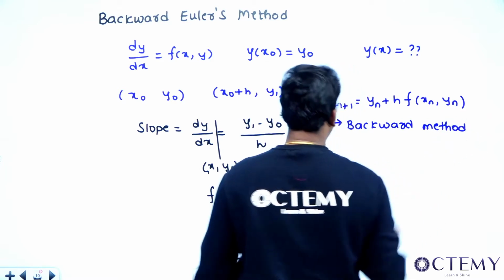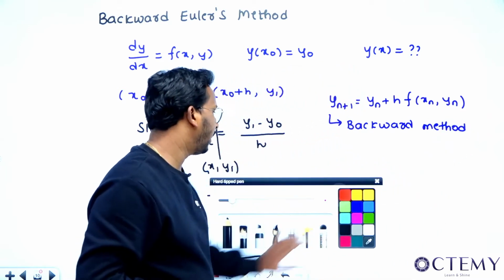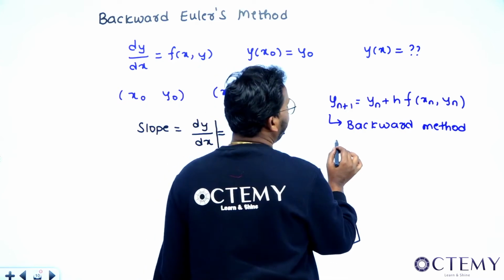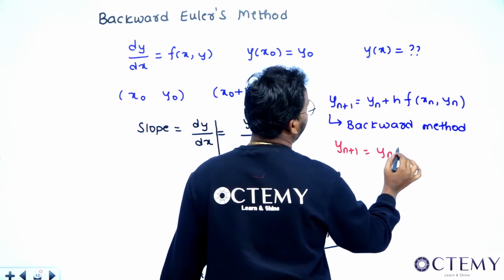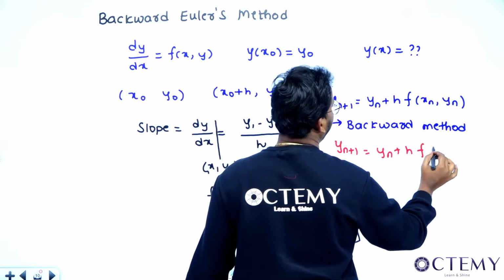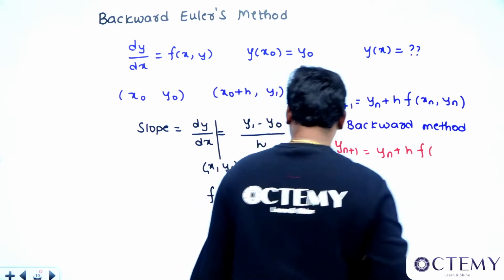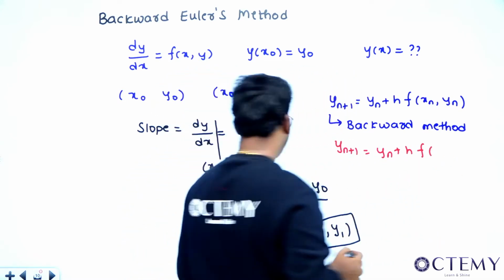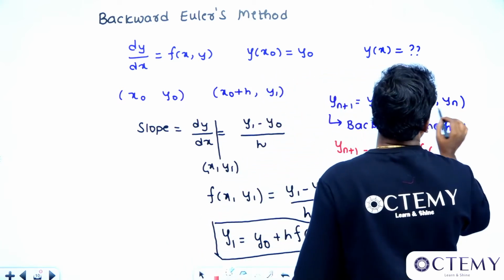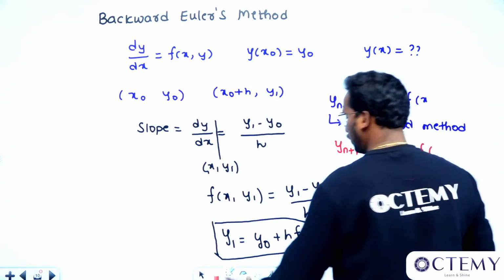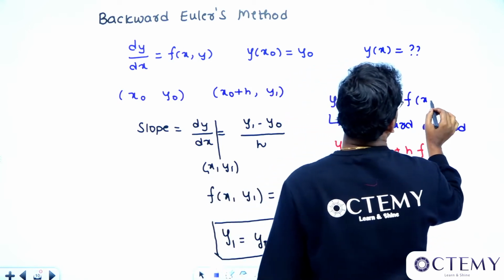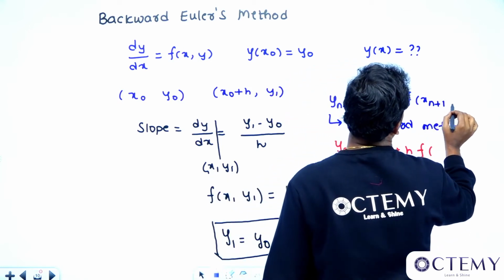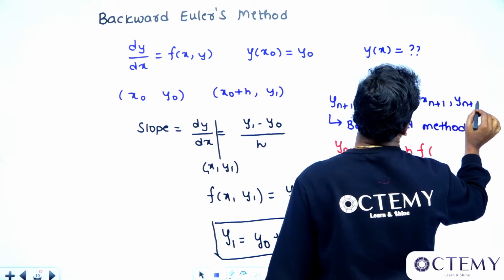And what was there in the forward method, sir? Just let me recollect. In the forward method, yn plus 1 was equal to yn plus h f of, there will be plus 1, sir. Just a second. This would be n plus 1 comma yn plus 1.